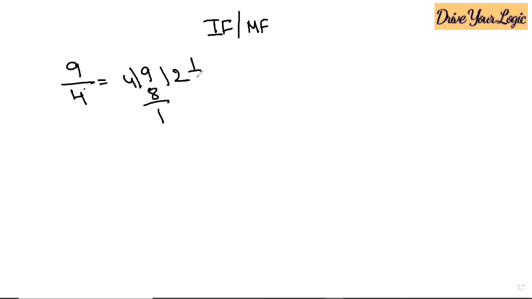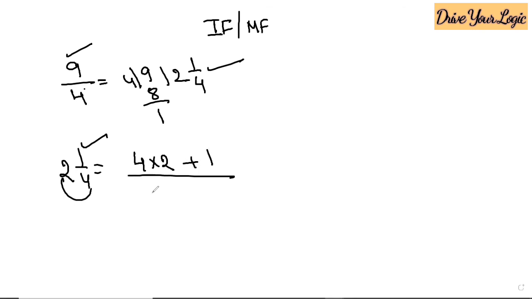So 2 1 by 4. Clear? So this is a mixed fraction. This is improper. Now I just want to do the reverse. What will I do? First you multiply these two in this way and add the top one. And this denominator will remain the same. So you will get the same answer. 4 into 2 is 8, 8 plus 1 by 4, that is 9 by 4.